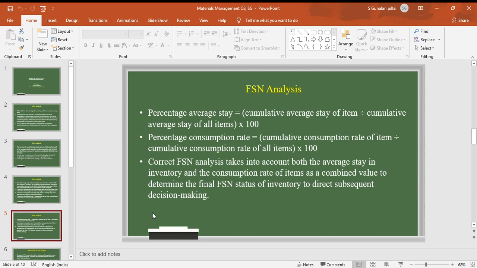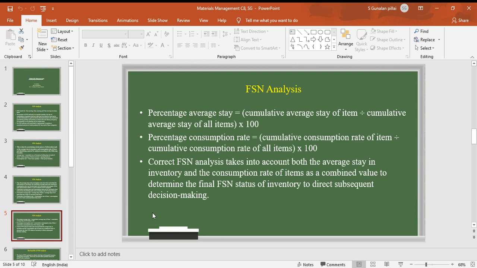Then the percentage consumption rate is the cumulative consumption rate of a particular item divided by the cumulative consumption rate of all items, into 100. So depending upon this, the percentage average stay and consumption rate for a particular product can be identified. If the particular product's percentage is very high, it will be fast moving, and you have to keep the percentage level or the numbers level for which product should be fast moving, slow moving and non moving.